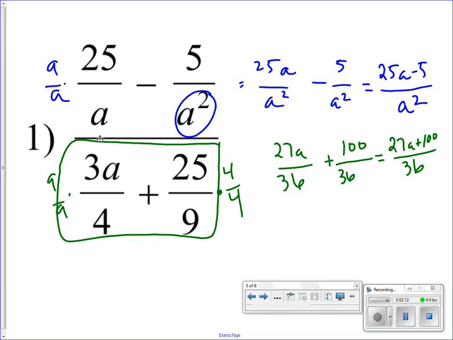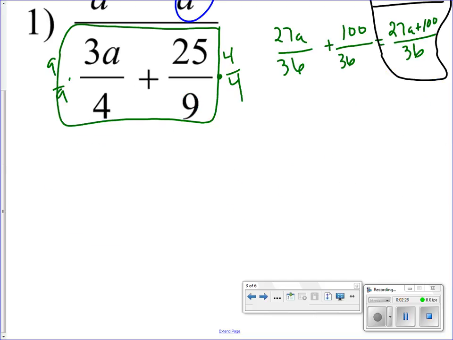So now our complex fraction is this thing right here. So we've done step 1 in blue, step 2 in green. So now our third step is to simplify this complex fraction by actually dividing the numerator by the denominator.